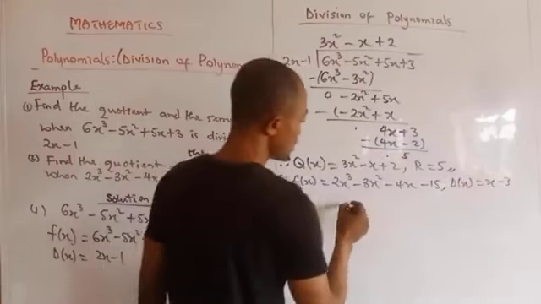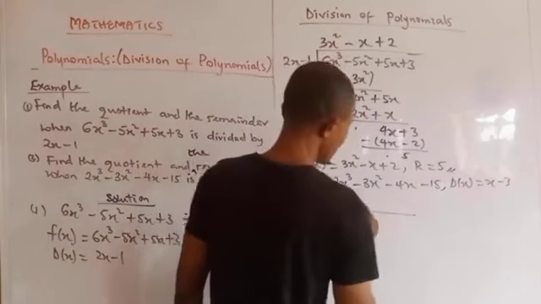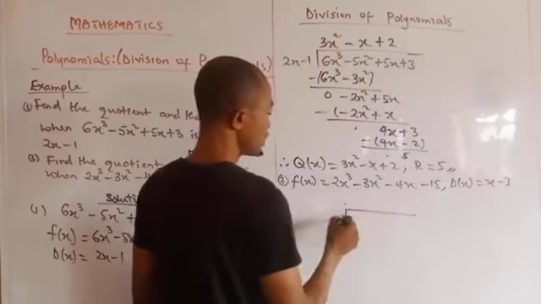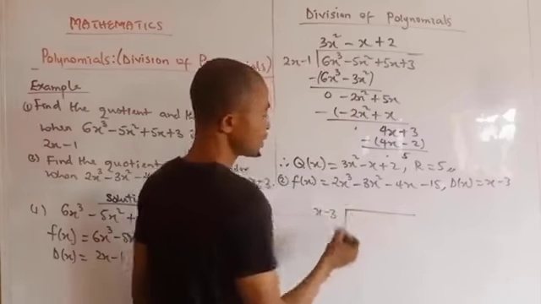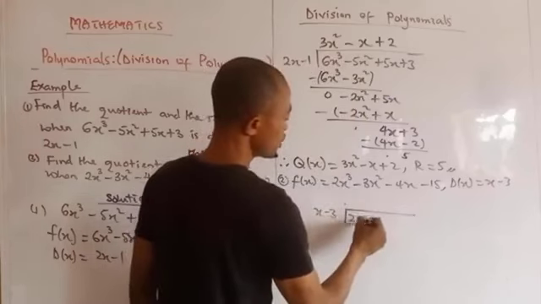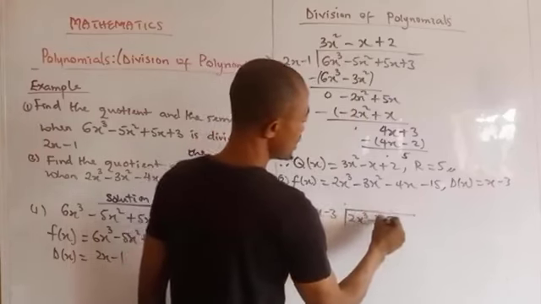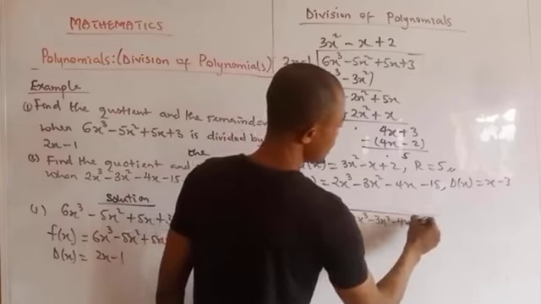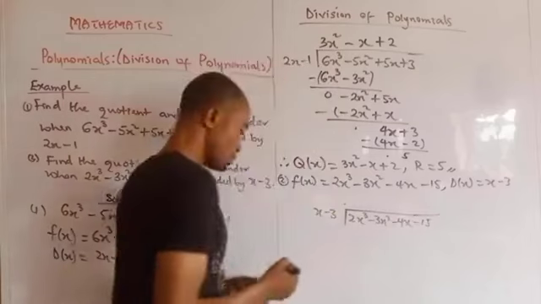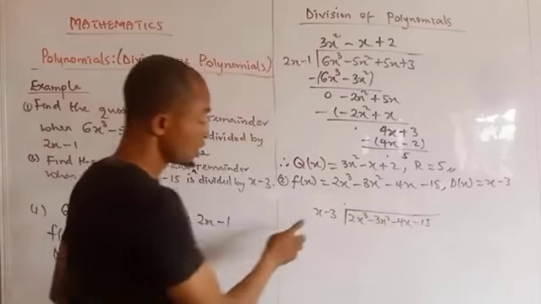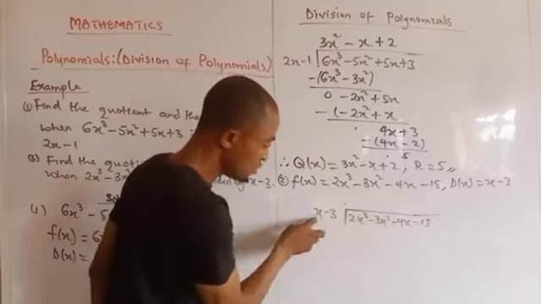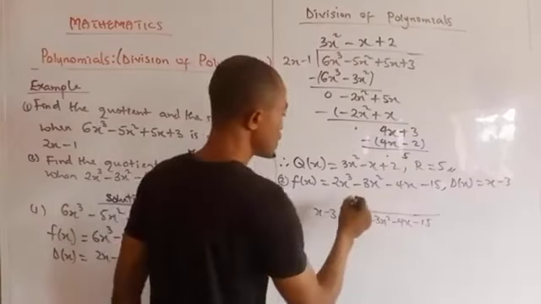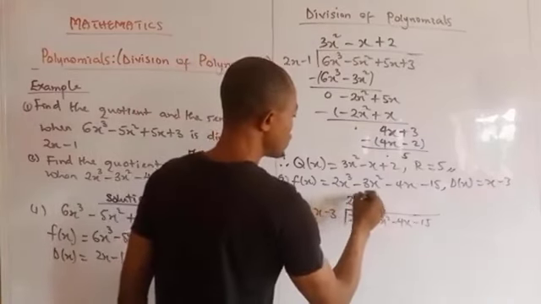So we are dividing now. We still draw our division table. This is our division table. So here we have our divisor, x minus 3. Then we have 2x cubed minus 3x squared minus 4x, then minus 15. So we start dividing. 2x cubed divided by x is going to give us 2x squared.